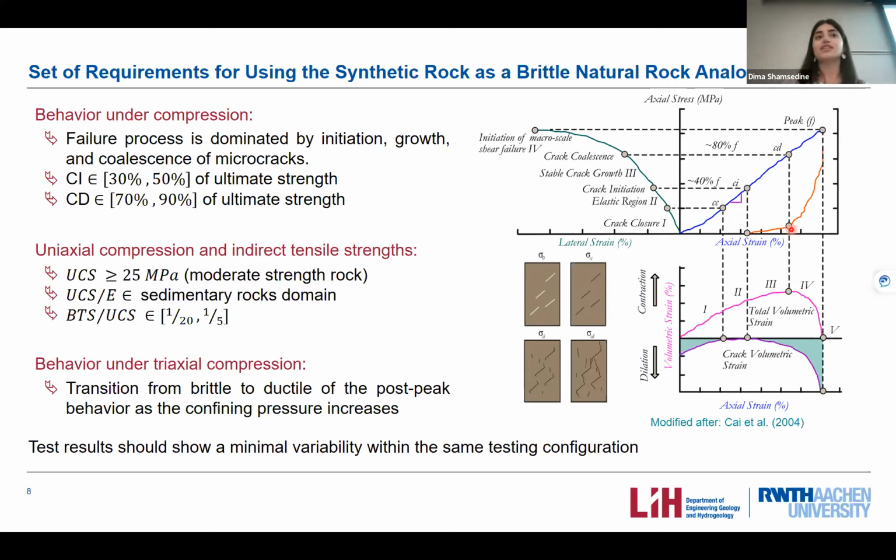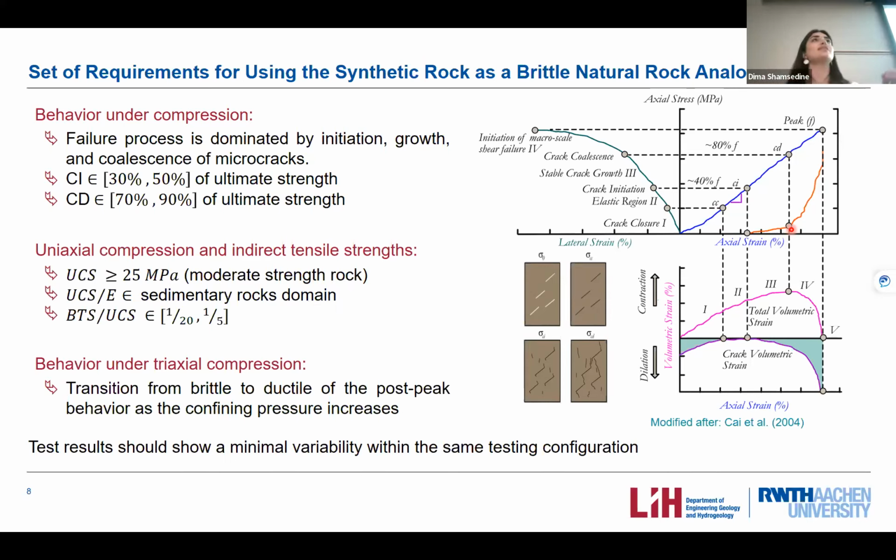And finally, we have the characterization of the material under triaxial compression. Natural brittle rocks have a unique behavior. Why?